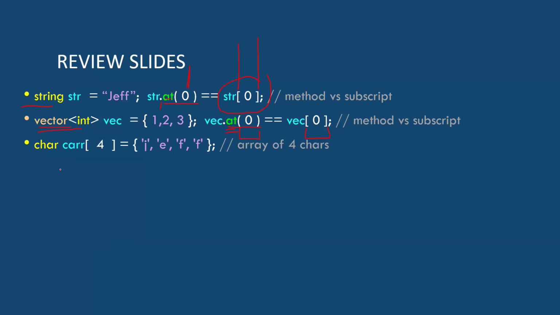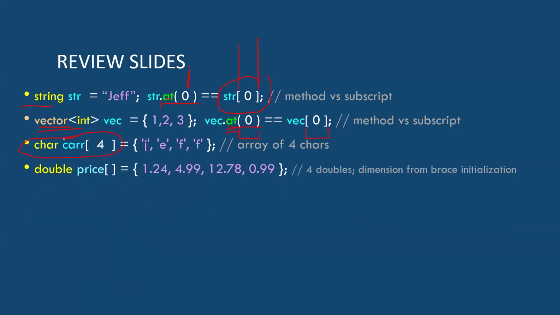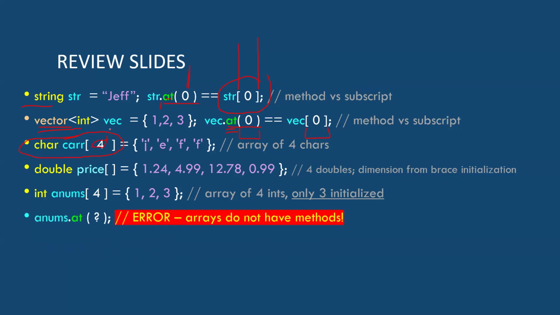Now, if I create an array, this is a different kind of data structure, it's really primitive. I can only use those square brackets, right? So here are some arrays of different data types. Some of them have been initialized. Some of them have a dimension in there. We've talked about that. And so the thing we just got to remember is that our arrays do not have methods. They're primitive, old-fashioned.